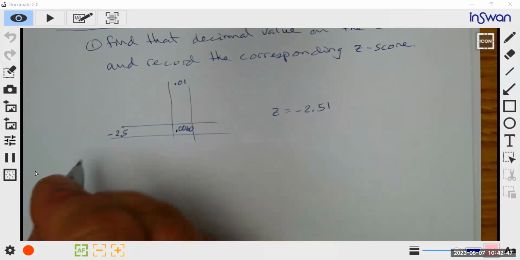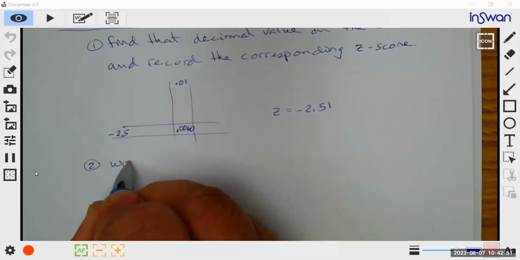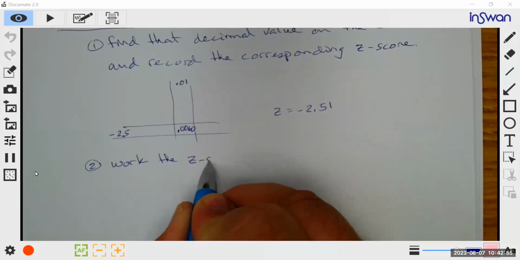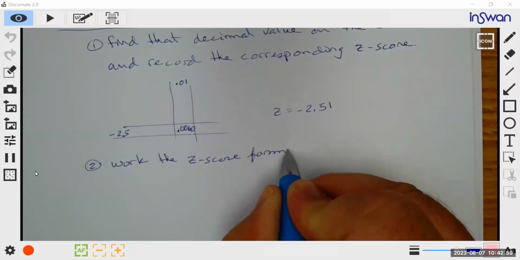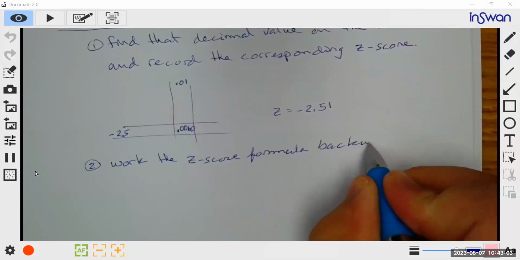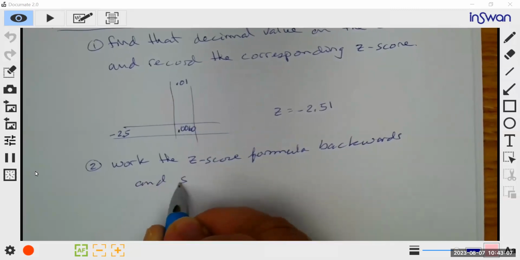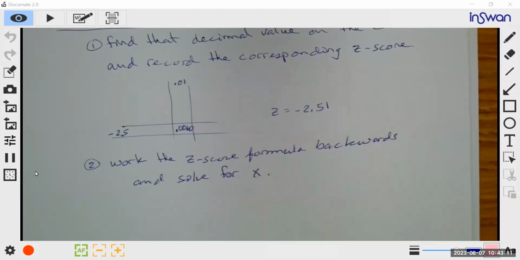Now, once we found the z value, work the z-score formula backwards and solve for x.